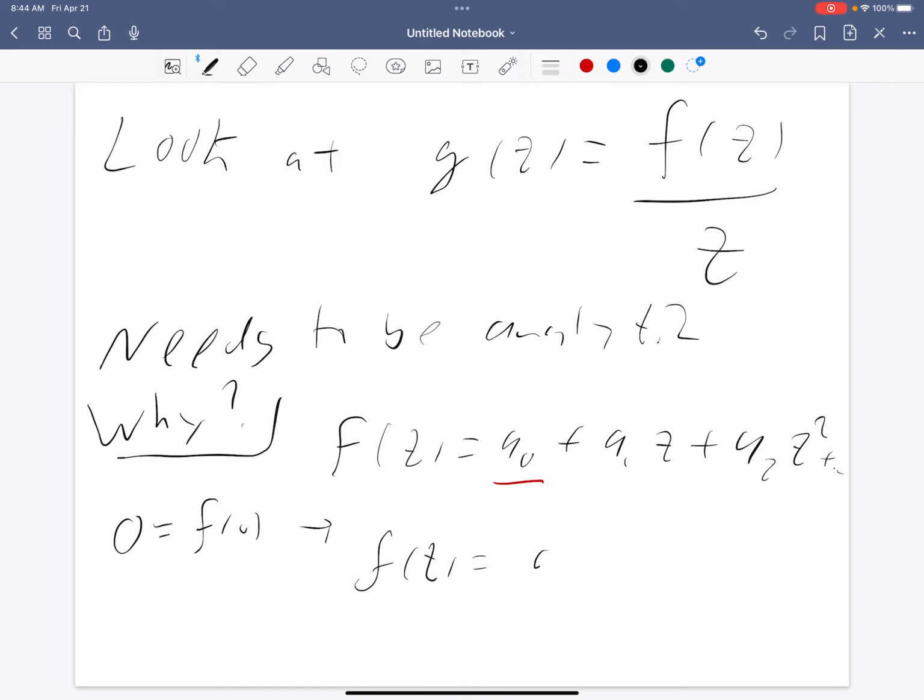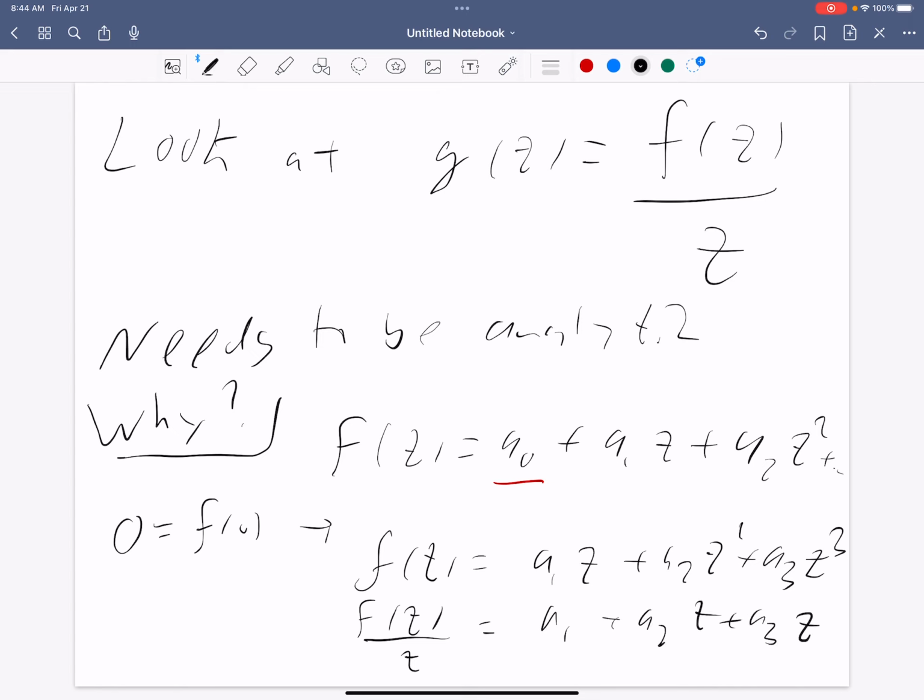So our function looks like a1z plus a2z squared plus a3z cubed. So we can divide out the z, and as we've discussed, that ensures that the function I have here, and we've pulled this trick off before, must actually be analytic. We can define 0 divided by 0, in this case, to be whatever a1 is equal to.